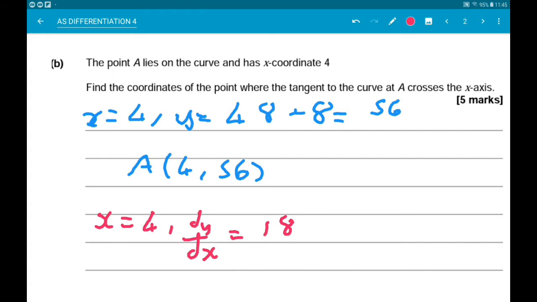So we got 18 minus 2, which is 16. So that's the gradient of the tangent.